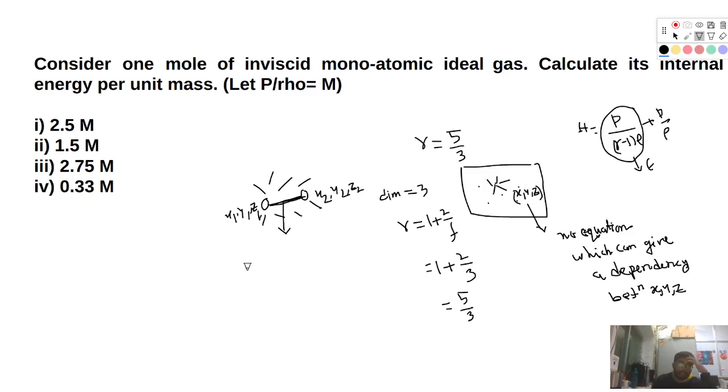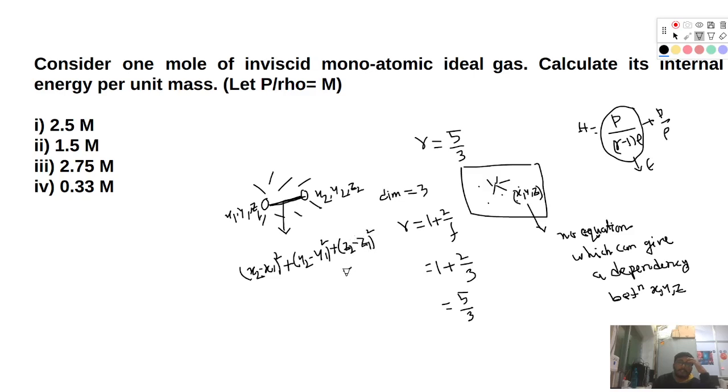But what stays fixed is x2 minus x1 whole square, plus y2 minus y1 whole square, plus z2 minus z1 whole square, which is basically the length between these two.